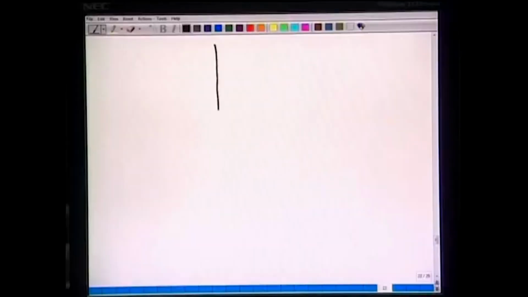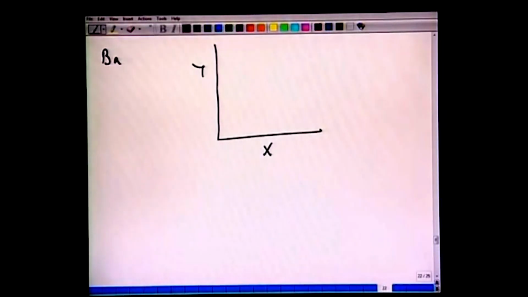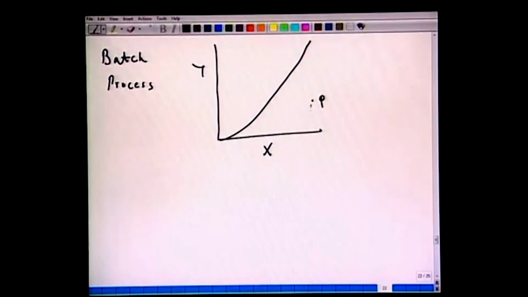All it means is that instead of working along the length, now we are working along the time coordinate. So if we go back and redraw this y versus x, and we are discussing a batch process, our equilibrium curve will still be the same. Now we say that we start with certain compositions of one phase as x1 and certain compositions of another phase as y1, and then we have a batch system here.